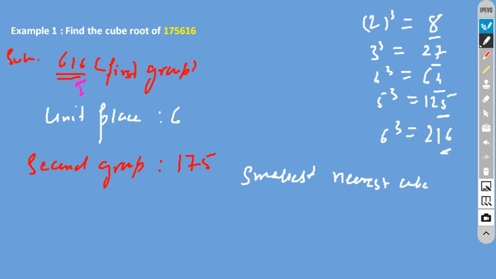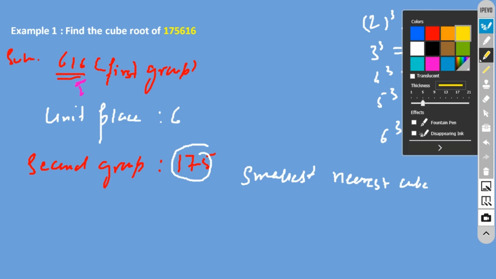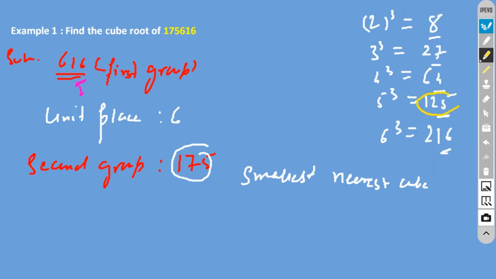So the nearest cube of 175 is not 8, not 27, not 64, it is this number, 125. 125 is the nearest cube of 175.